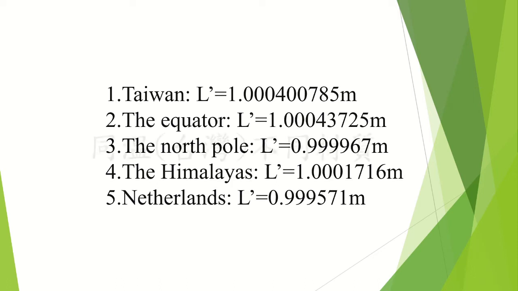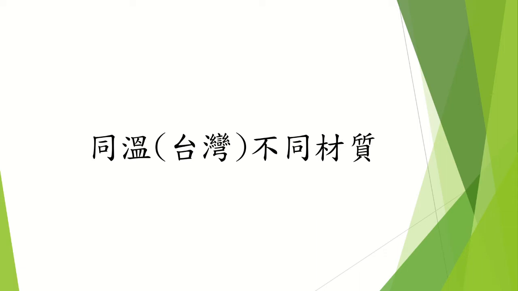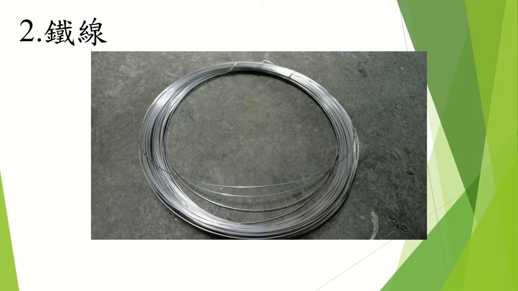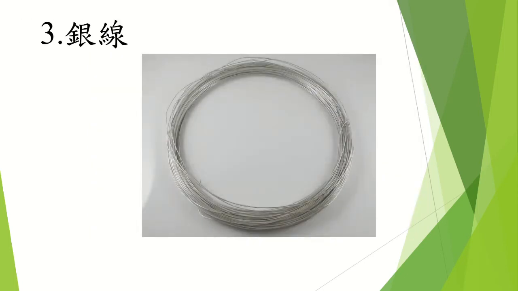This time, we'll change only the value of alpha with the same t, which I choose Taiwan. For alpha, we select tungsten, iron, and silver, which respectively is 4.5 ppm per degree Celsius, 11.8 ppm per degree Celsius, and 18.9 ppm per degree Celsius.